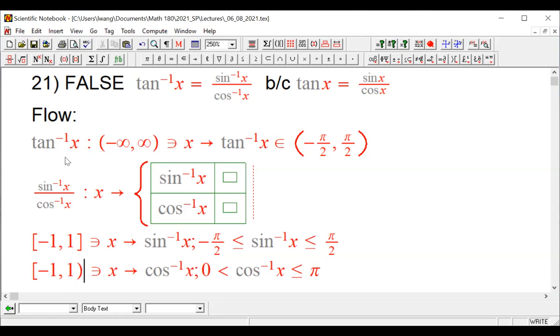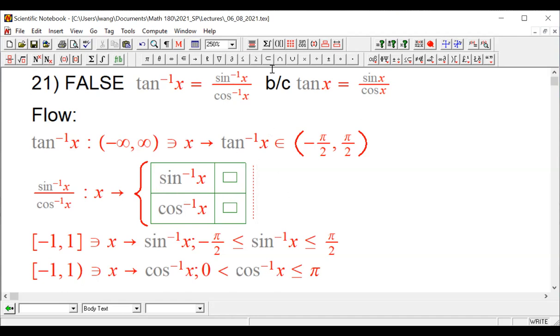On the one hand, tangent x can take any real number, and to operate on this one, x has to be between -1 and 1. And the denominator has to be between -1 and 1 without including 1. That already tells you, hey, this is a no-no.